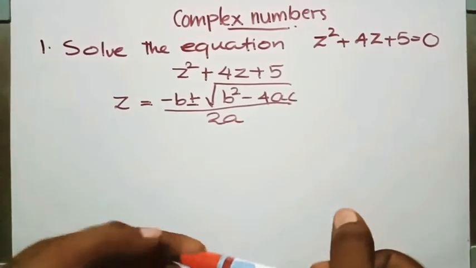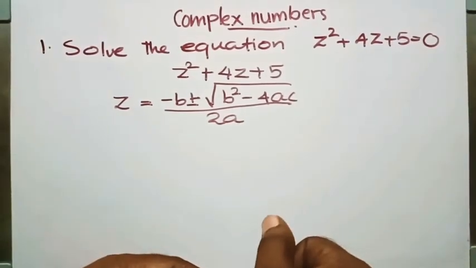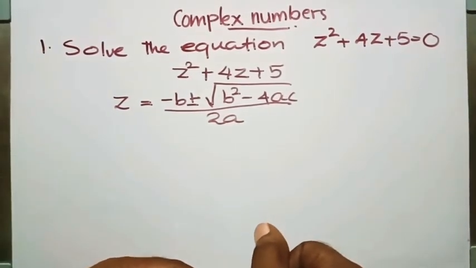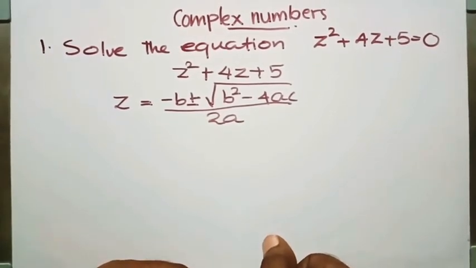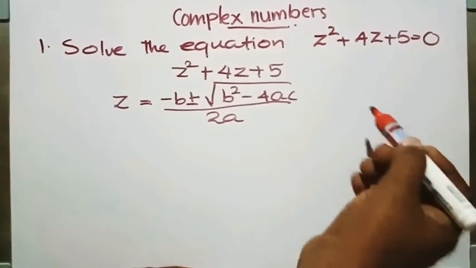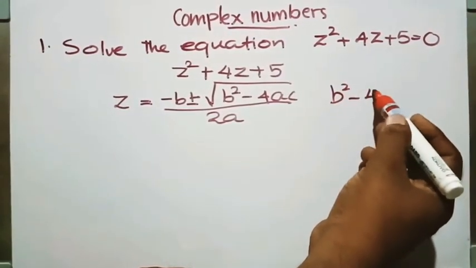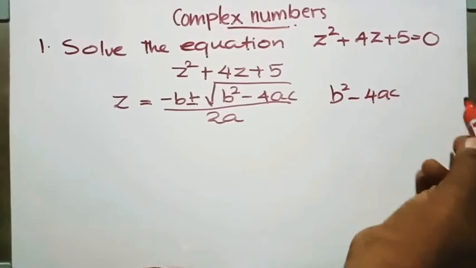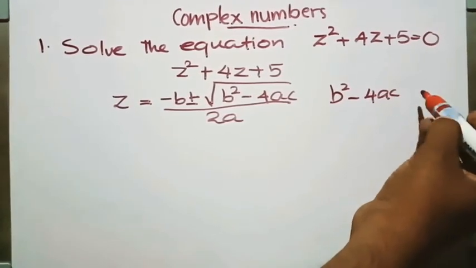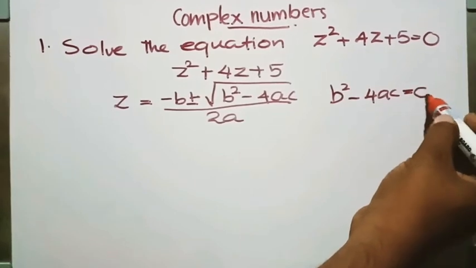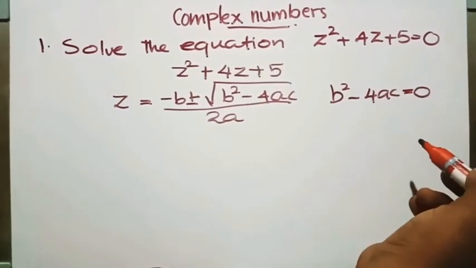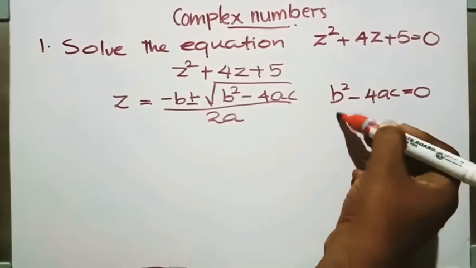Here you need to remember one thing you learned in quadratics about the nature of the roots. When we discussed the nature of the roots, we were discussing b squared minus 4ac. If b squared minus 4ac equal to 0, roots are real and equal.